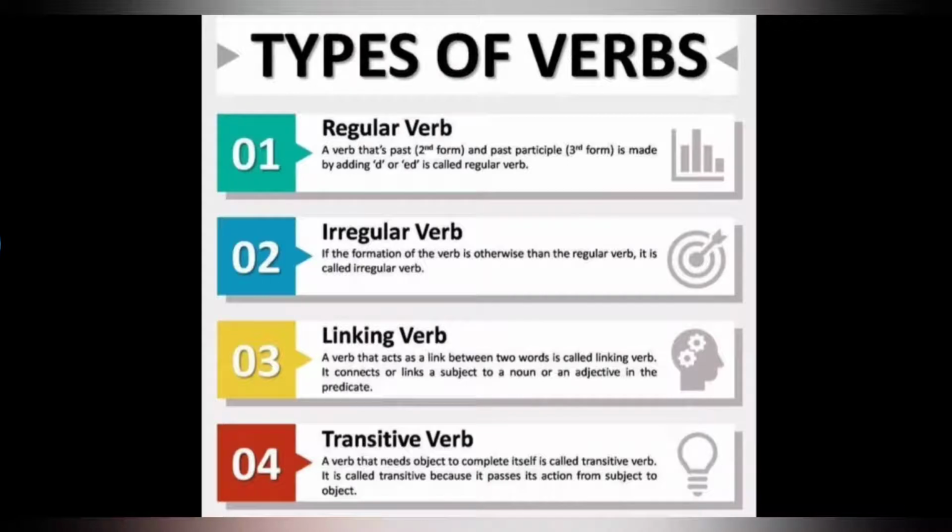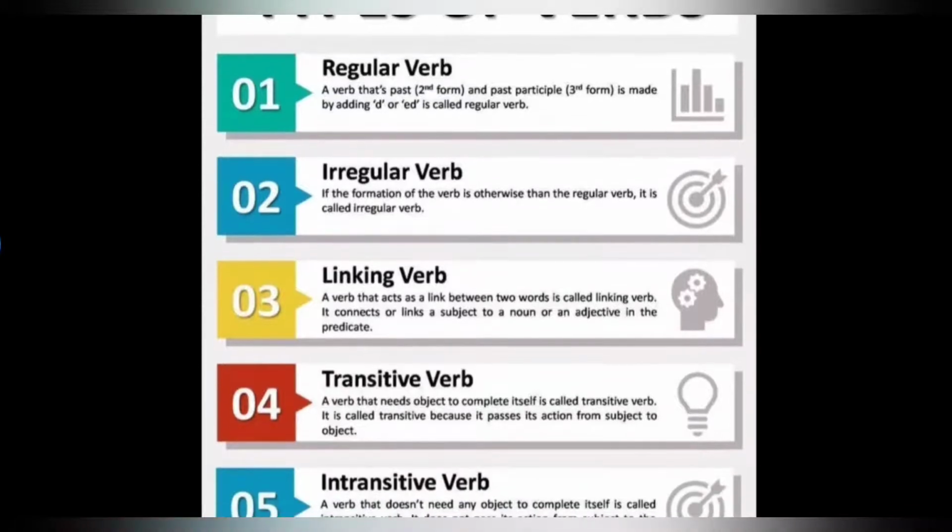Regular verb: a verb whose past form, the second form, and past participle, the third form, are made by adding d or ed. For example, walk, walked. We add d or ed, right? So that is a regular verb.